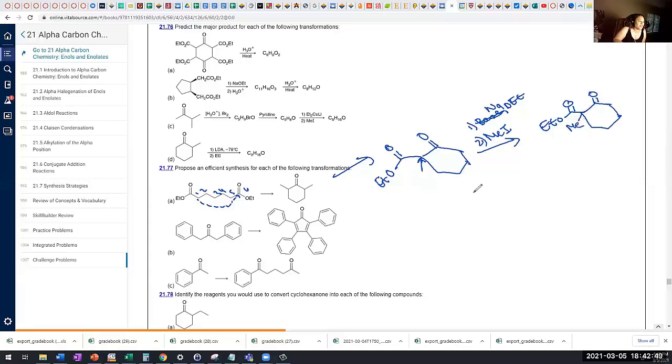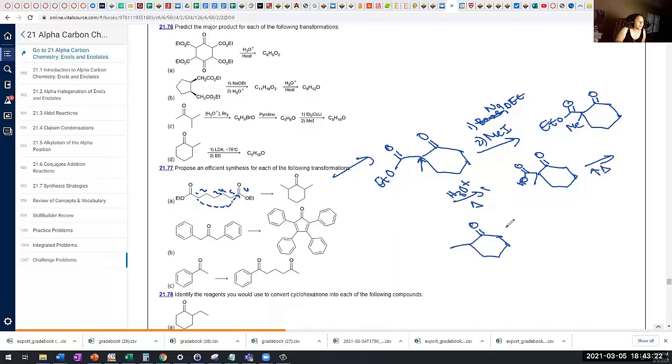And then we could use a little bit of heat. Ooh, I didn't give myself any space. Turn this into a carboxylic acid. So essentially, I'm going to try to get it to do a decarboxylation. And then with high heat, so if I increase the heat, I'm going to get this molecule.